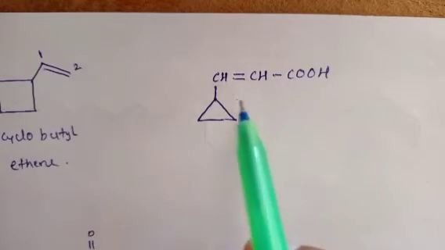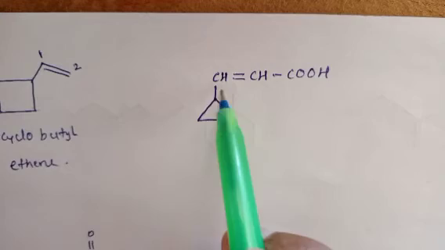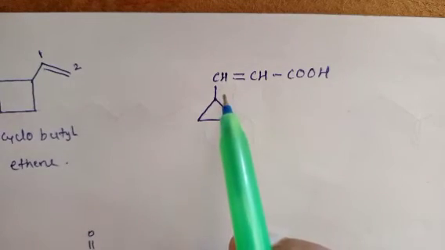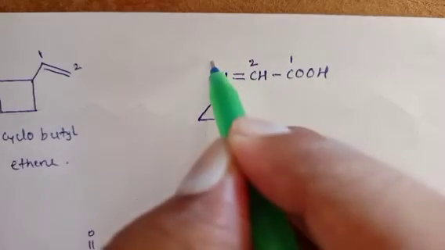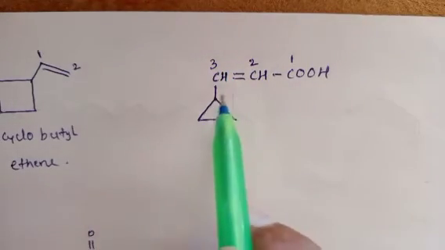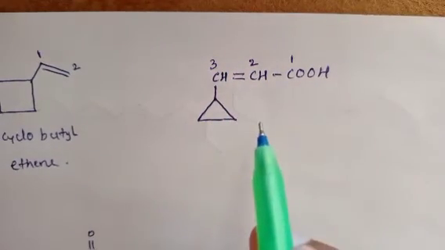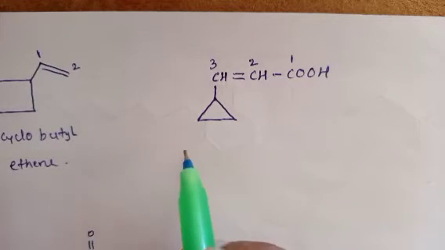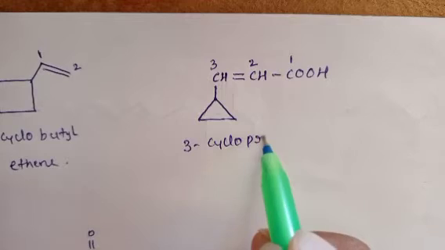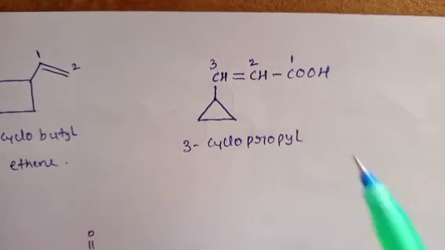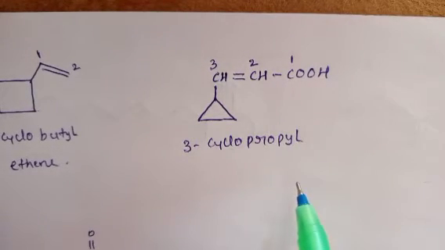So based on this one, this is the main part, then automatically this part acts as a substitution. So give the numbering 1, 2, 3, and this part acts as a substitution. So 3 at third position, cyclopropyl. 3-cyclopropyl. Substitution part is completed.